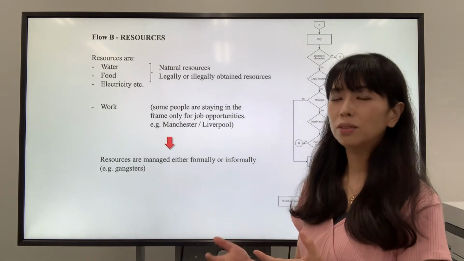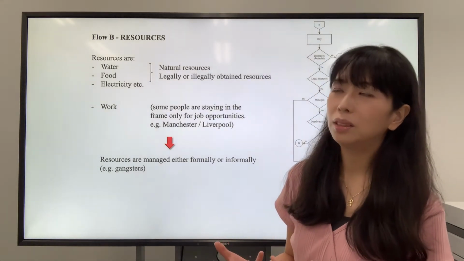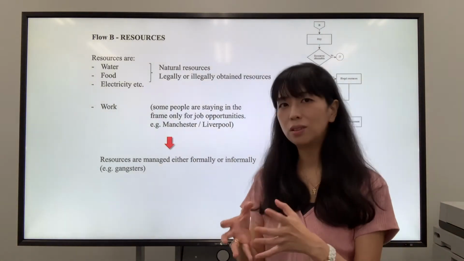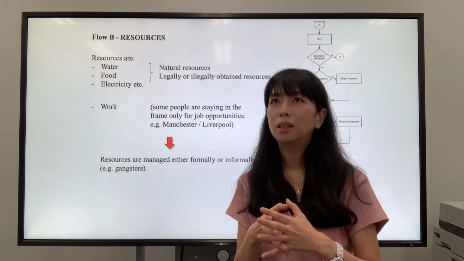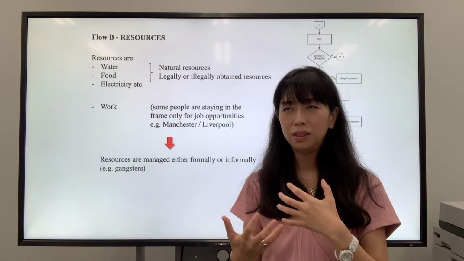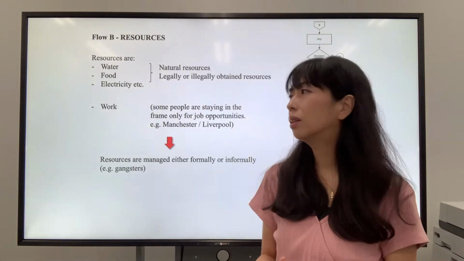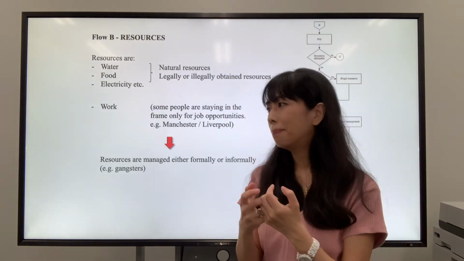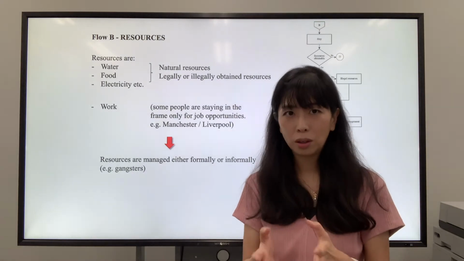So in many of the industrial cities, people will prefer to stay in that frame. Perhaps it might be quite polluted and not a very healthy place to live. However, they prefer to stay there because they can find work.